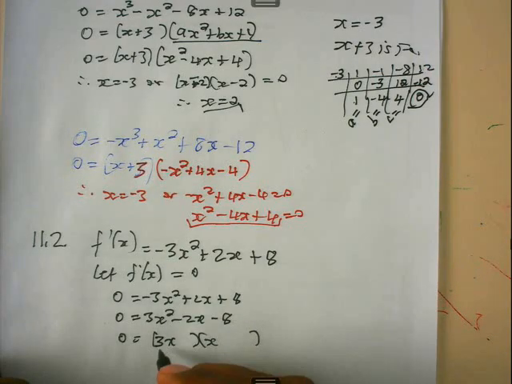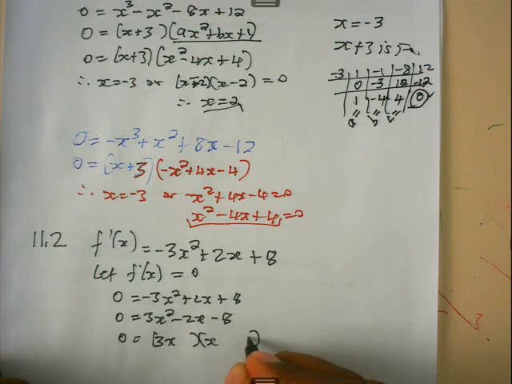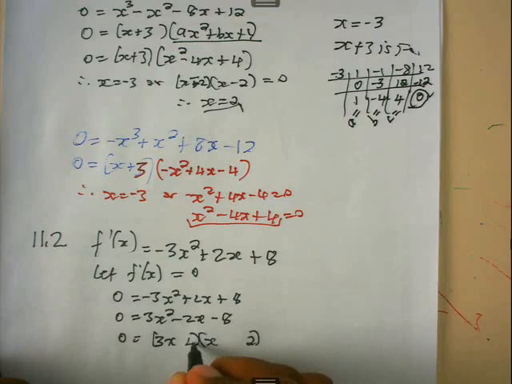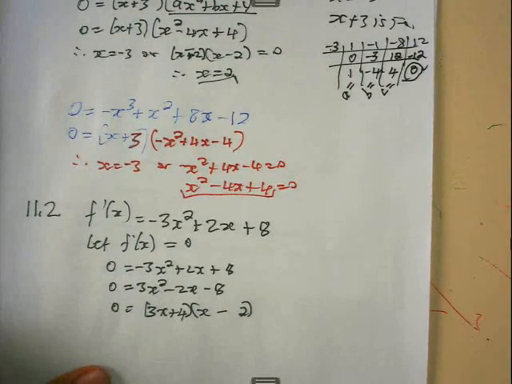If I take 3 multiplied by 2, the answer will be 6, then 6 minus 4, the answer will be 2. This one is minus and this one will be positive on this side. So 3x plus 4, x minus 2 are our factors of 3x squared minus 2x minus 8.